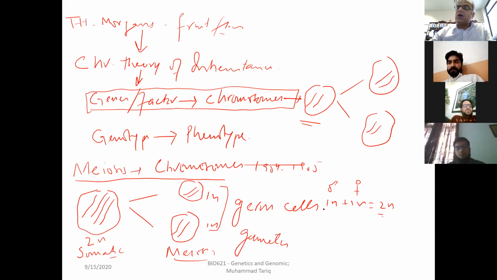And that's how an organism grows, because now from here it divides mitotically and always produces 2n somatic cells.